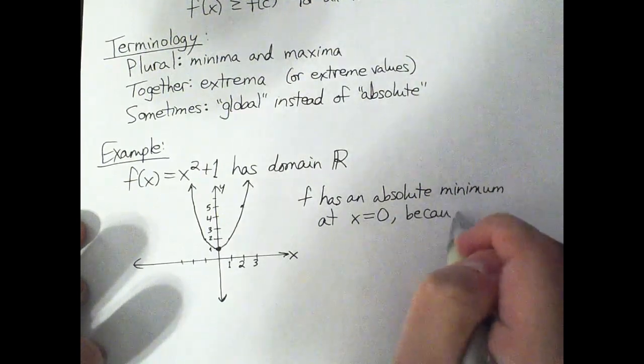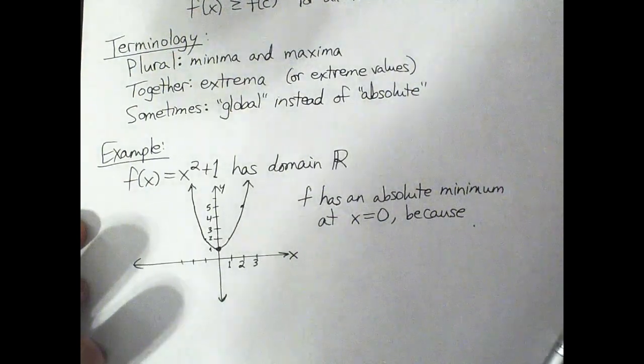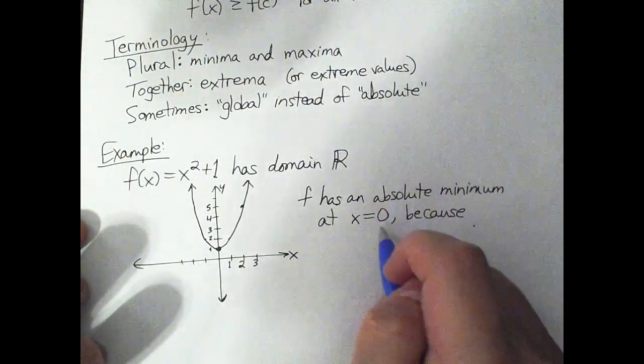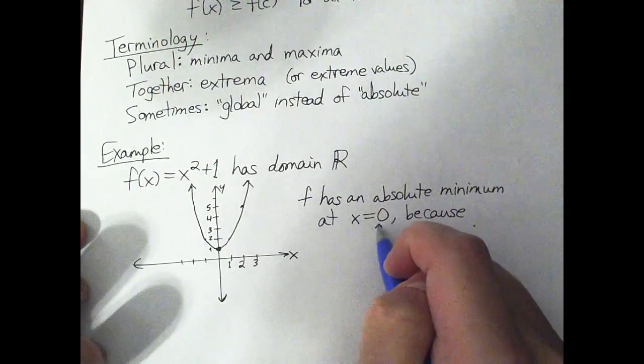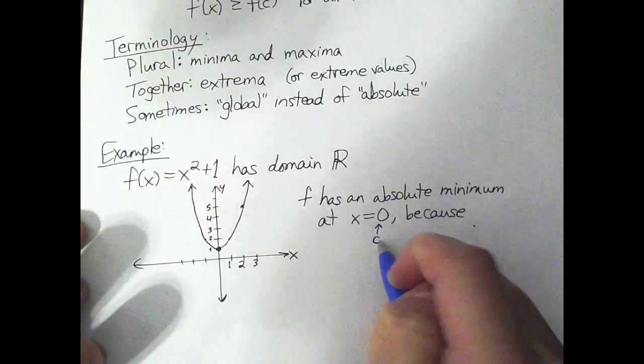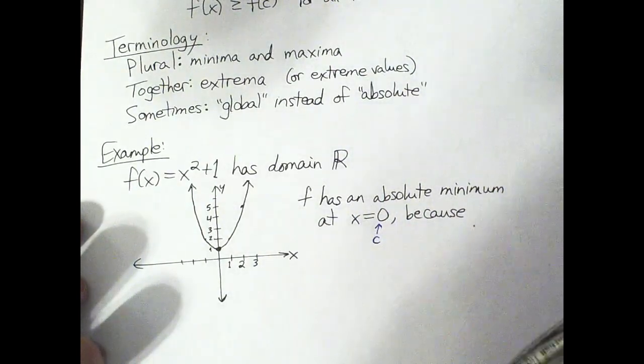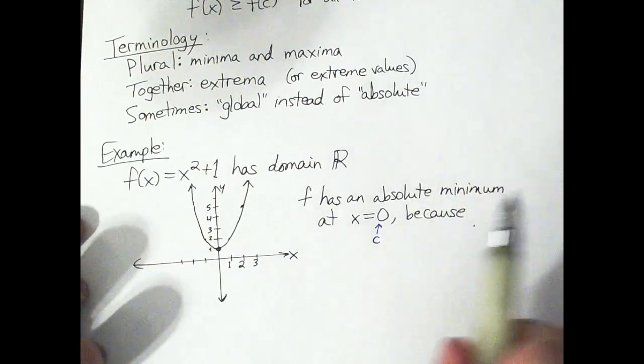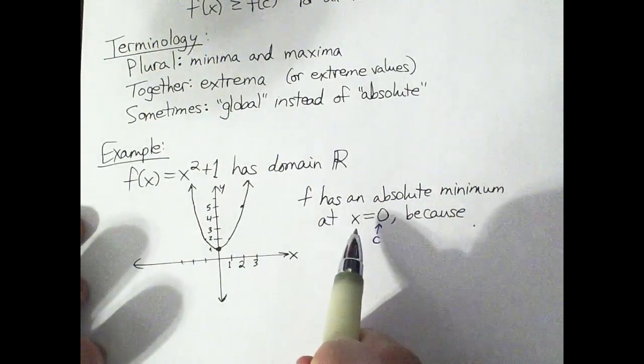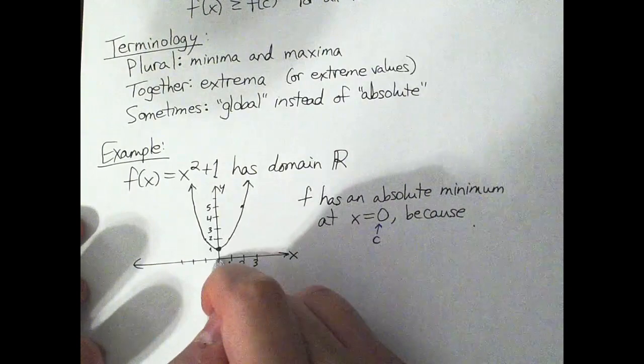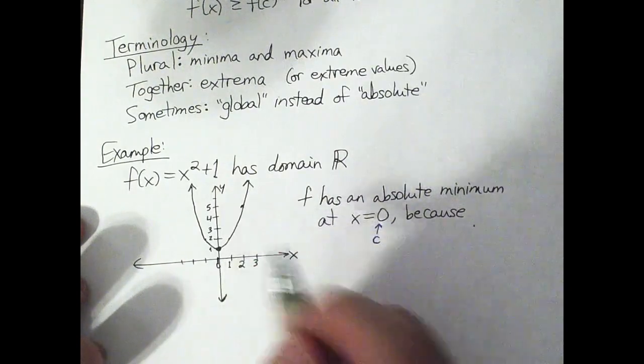Because, and by the way, 0 you could say in the definition is basically my c value. Sometimes we call it x and sometimes we call it c. But there's an absolute minimum at x equals 0. Why am I saying 0? x equals 0 is here, right?